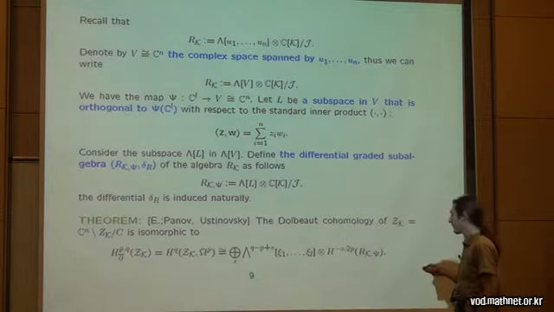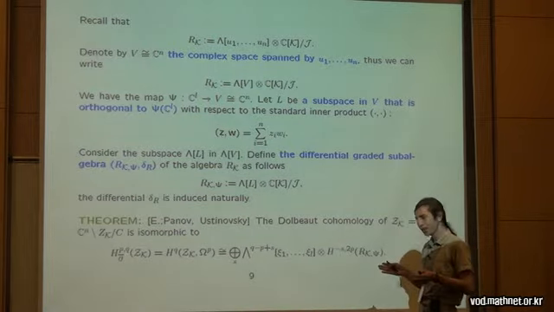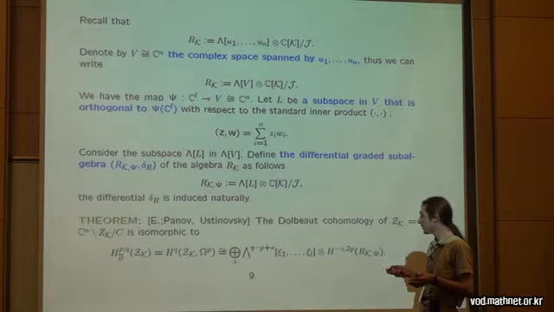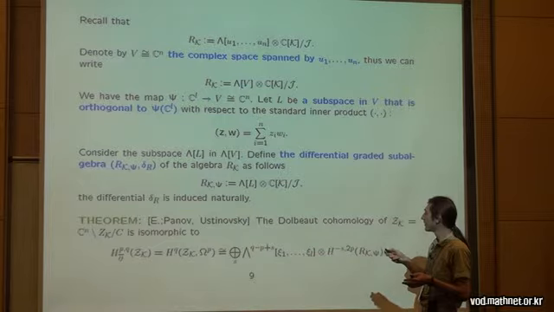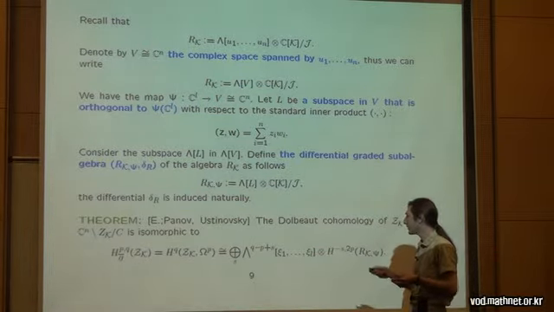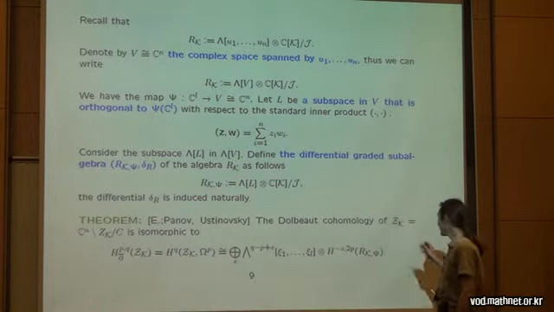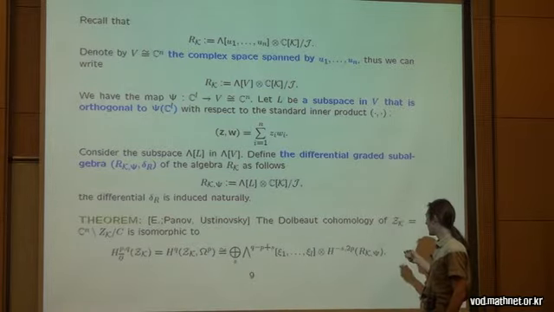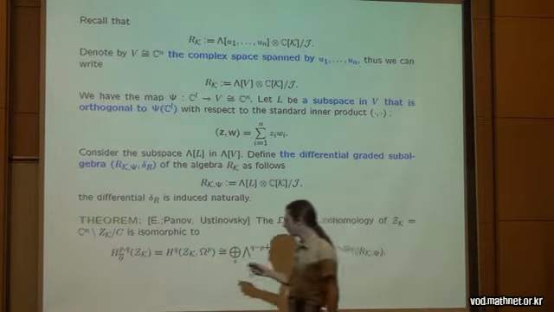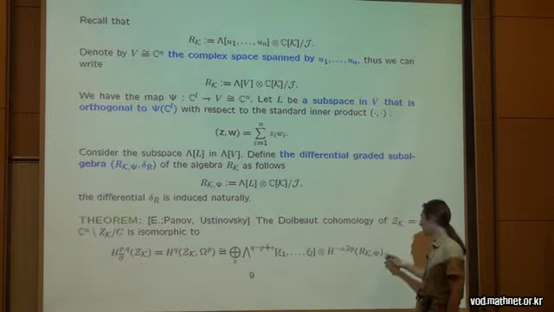Okay, and the theorem, which was first proved by Panov and Ustinovsky with some additional technical conditions on psi and the generators, and in the general case was proved by me: the Dolbeault cohomology of our moment-angle manifold can be computed by the following formula.